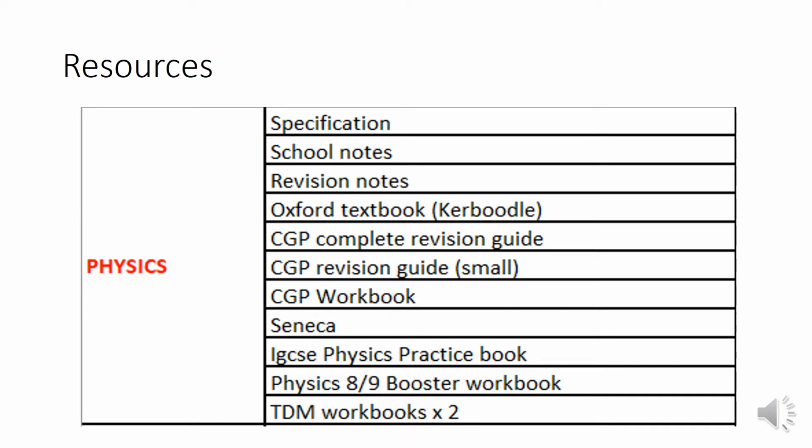And as I said about the Oxford textbook being the most important, it's not only available in paper form, but if your school has subscribed to the website Kerboodle, then you can also access a digital copy of the textbook online.